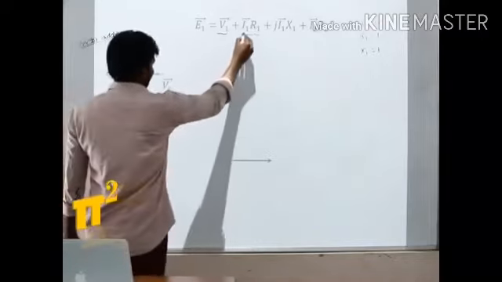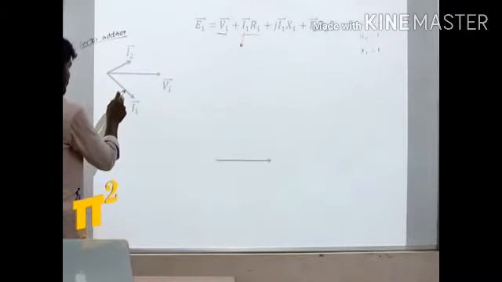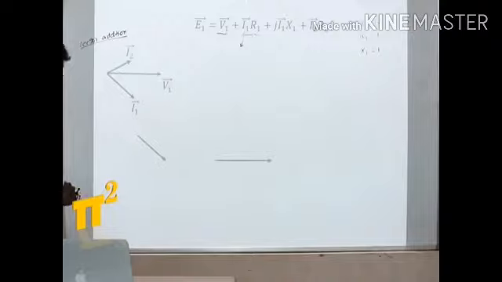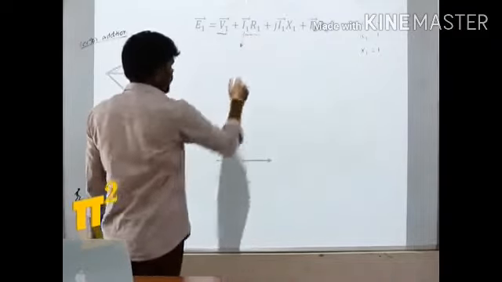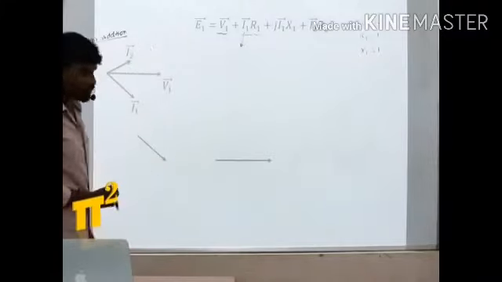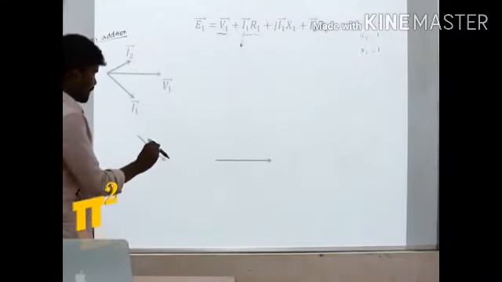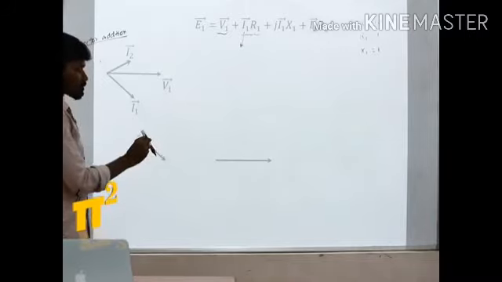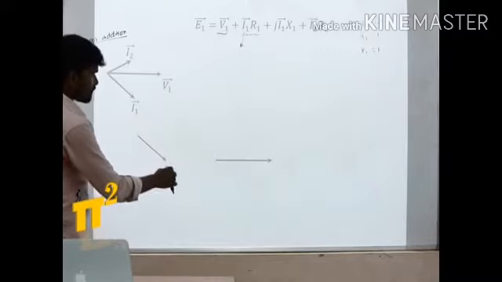So for the second term, let's take I1 first. This is I1, so I'm taking I1. And we'll multiply with R1. R1 is equal to just 1 ohm, so there is no change in magnitude, same value will be there. If R1 is suppose 2 ohm, then this will be little longer.